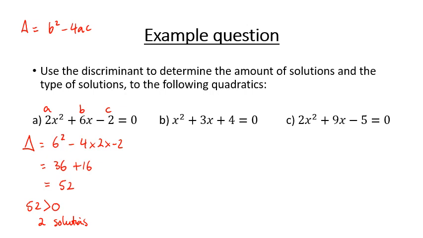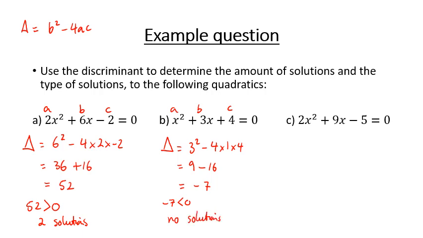In our second example, we've got a, b, and c here. So our discriminant is going to be 3 squared, take 4 lots of 1, lots of 4, which is 9, take 16, which is minus 7. So therefore, as minus 7 is less than 0, we have no solutions for x.